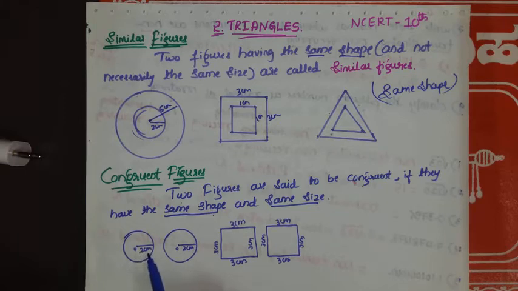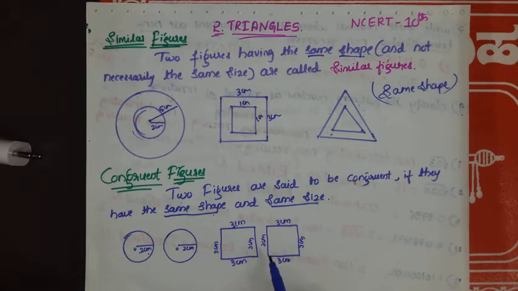The radius is 2 centimeter, so both have the same size. This is a congruent figure. Here also we have two squares with sides of 3 centimeter, and these are 3 centimeter. These also have the same shape and same size. So these are congruent figures.